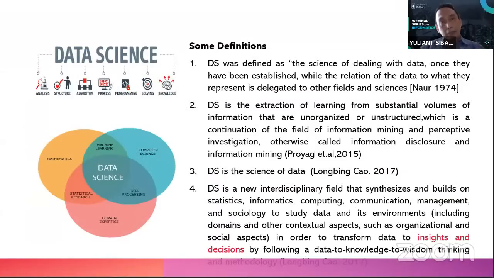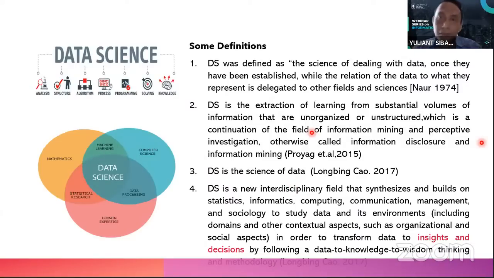The first is the definition of data science. In short, data science is the science of data. But there are several researchers who define data science.